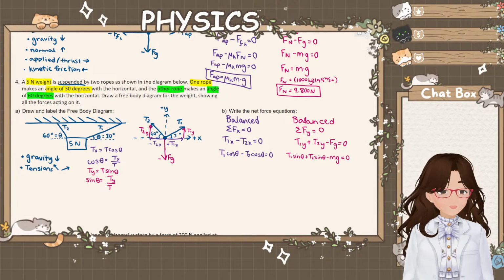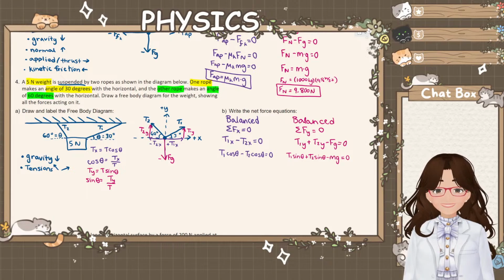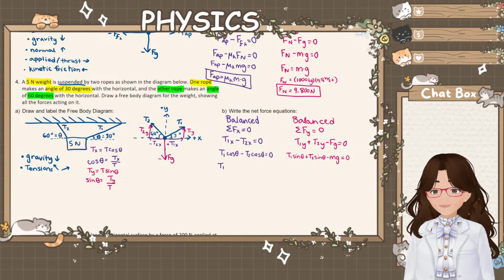And so that really is a game changer because it limits the way that you can work with these problems. But what we can do is work around it, right? So we can solve for T1 as a function of T2 or the other way around, whatever your preference is. So T1 cosine theta is equal to T2 cosine theta. And in this case, if I wanted to solve for T1, I would just divide both sides by cosine. And then at that point, you really do need to plug in our values.